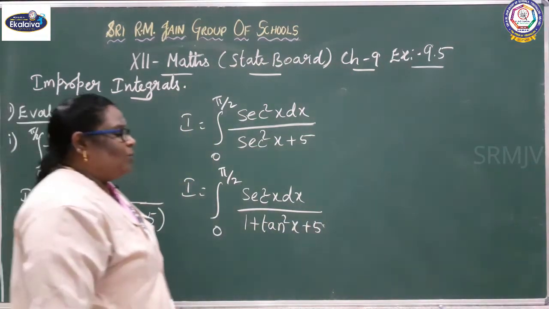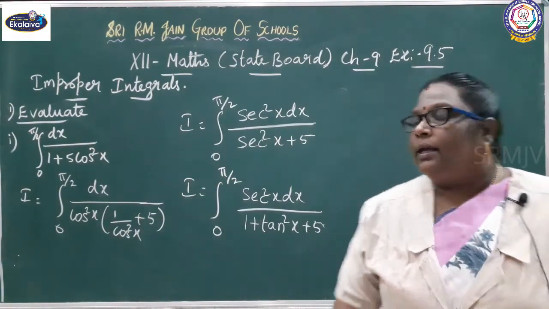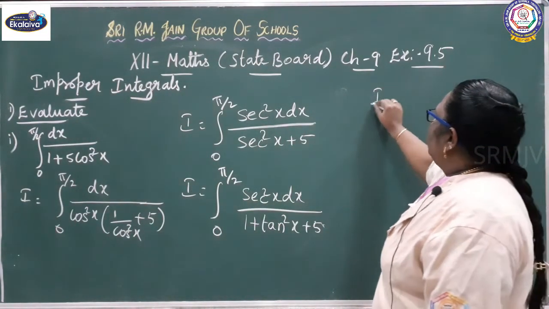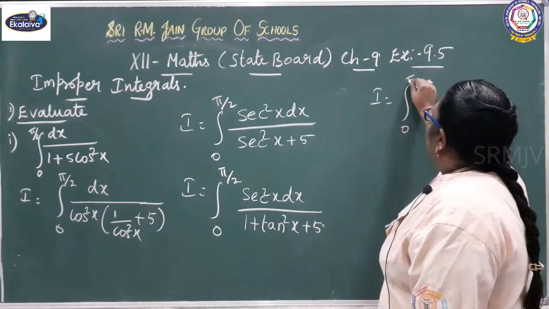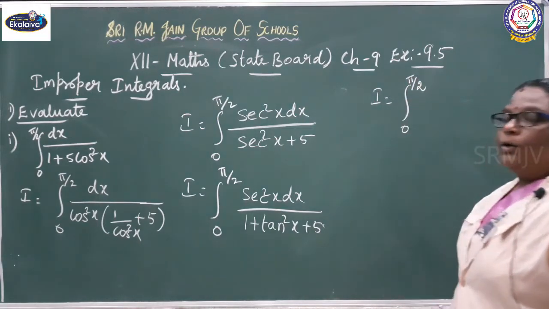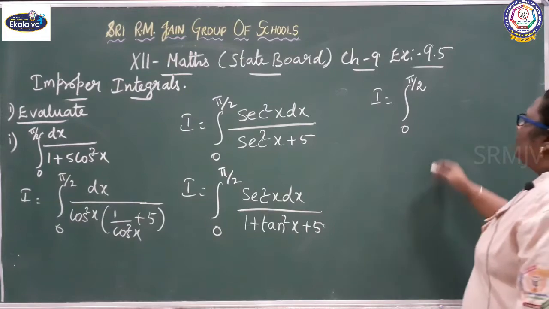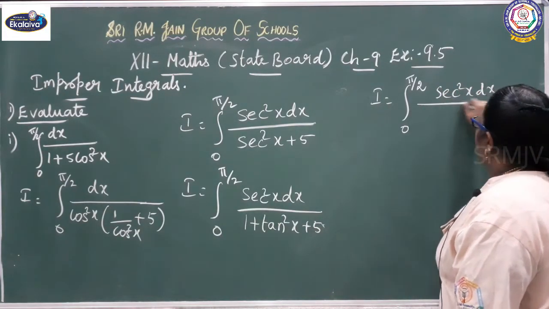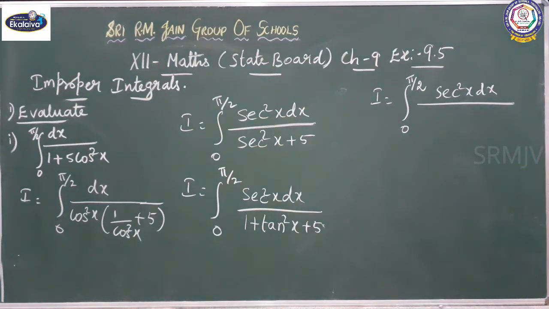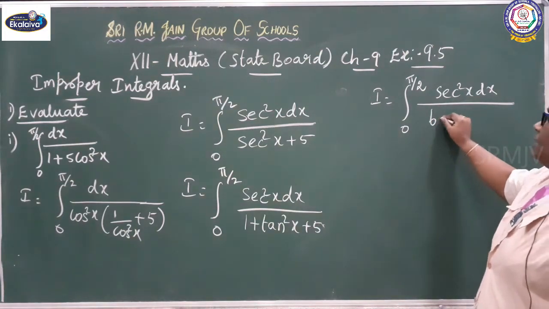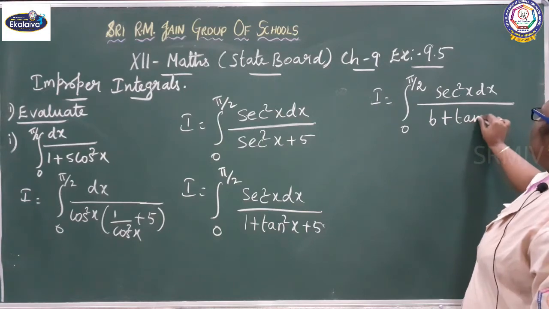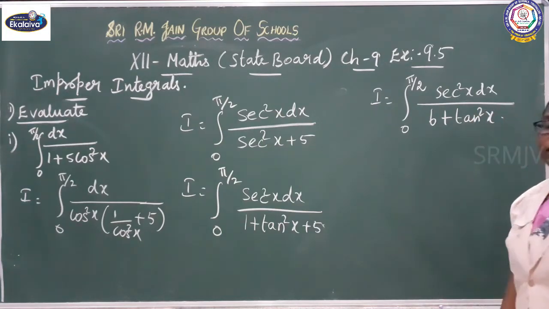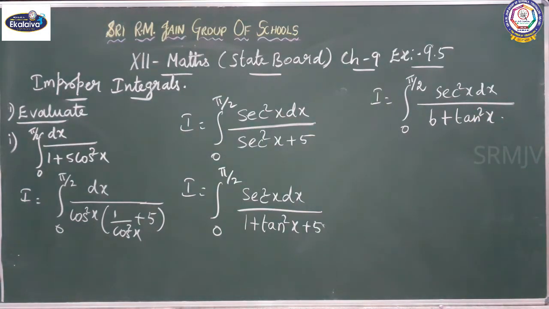So, I equal to integral 0 to pi by 2 secant square x into dx by 1 plus 5 is 6 plus tan square x.